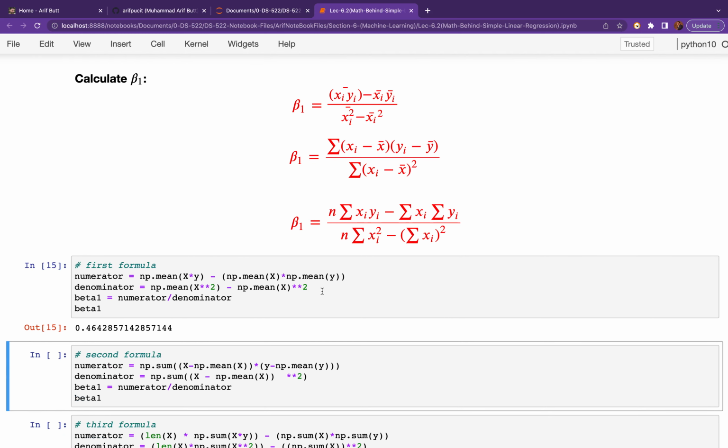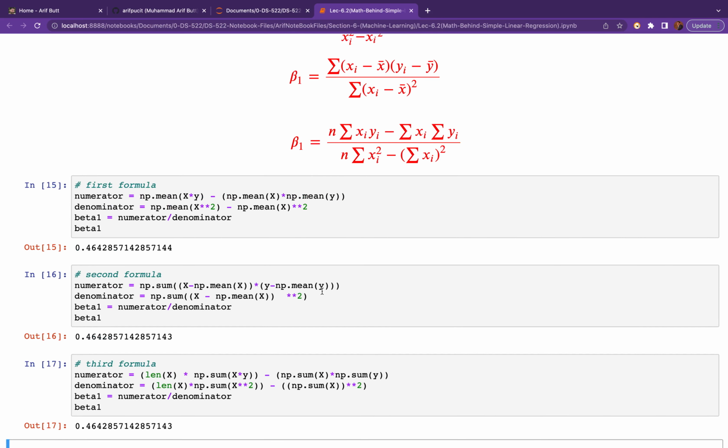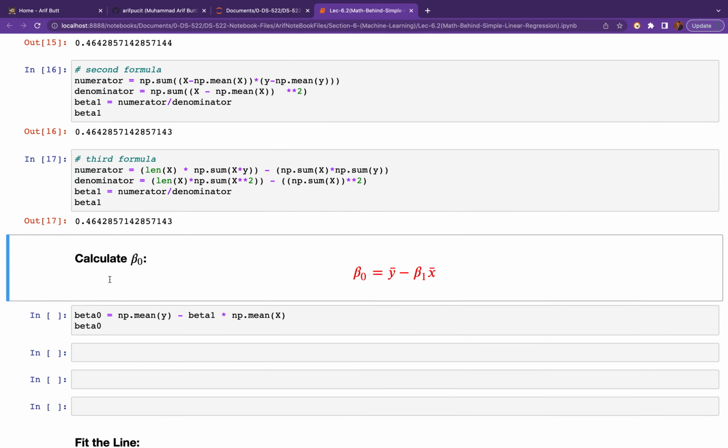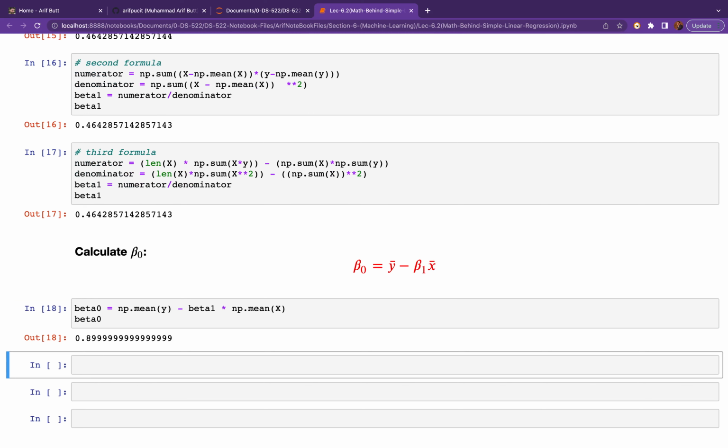This is using the first formula, this is using the second formula, and this is using the third formula. So using all three formulas, we have got the same value of beta 1, that is the slope, 0.46. Now we substitute the value of beta 1 in this equation and we get beta 0, which is 0.89.